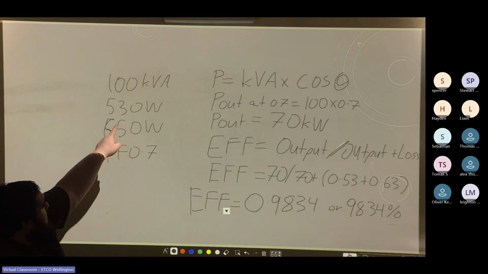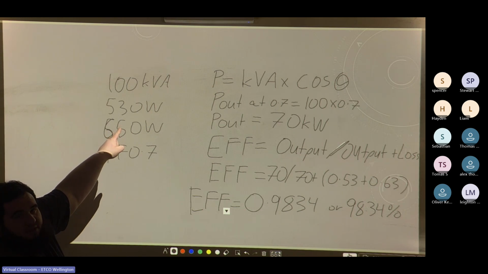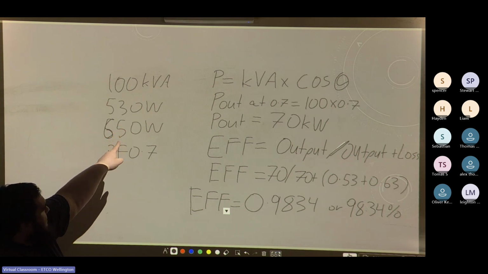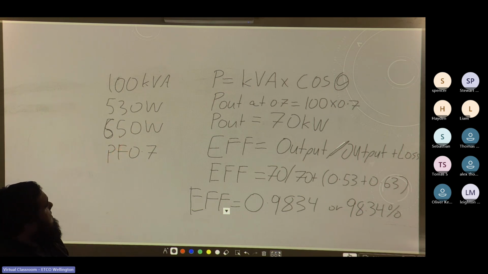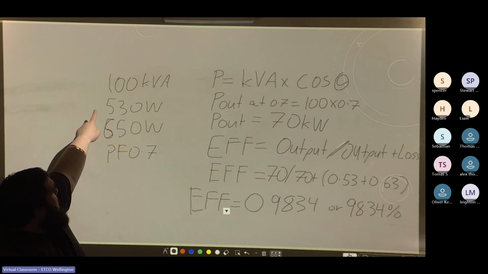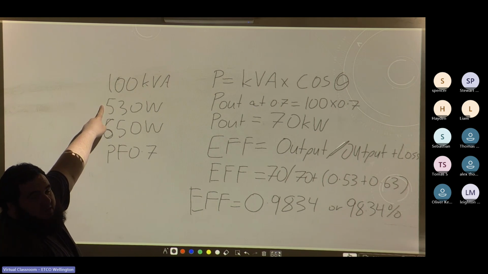So basically, 530 watts were recorded as losses without the contacts closed, and then 650 watts were recorded as losses with the contacts closed. So this is your iron losses, because that's the cost of creating the magnetic field.